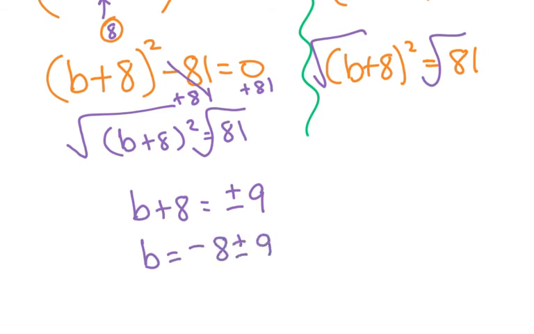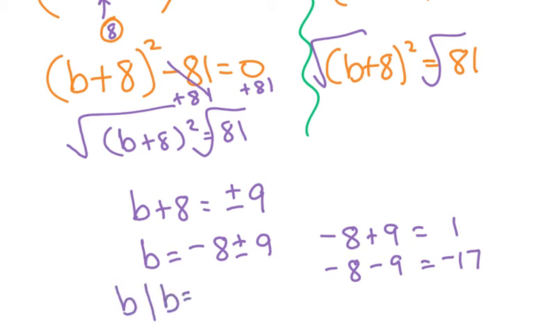That's two problems, negative 8 plus 9 and negative 8 minus 9. You cannot leave it like that. Negative 8 plus 9 is 1, and negative 8 minus 9 is negative 17. So when you write your solutions, you need to write those solutions and not negative 8 plus or minus 9, because that sounds like you don't know what you're talking about.